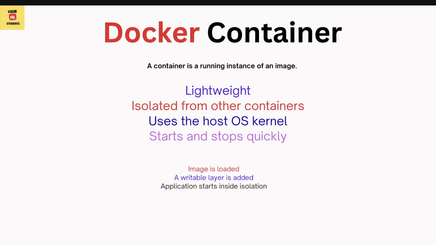If I try to explain how a container runs, it loads the image first, then writable layers will be added, and then the application starts inside the isolation. Again, this is a very straightforward definition of a container, but we will understand it better when we execute our commands.